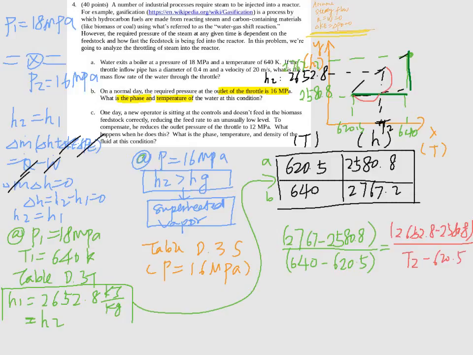And if you solve this equation, you can find that T2 is equal to 628.03 Kelvin. Okay? So hopefully this will help refresh your memory on interpolation a little bit.